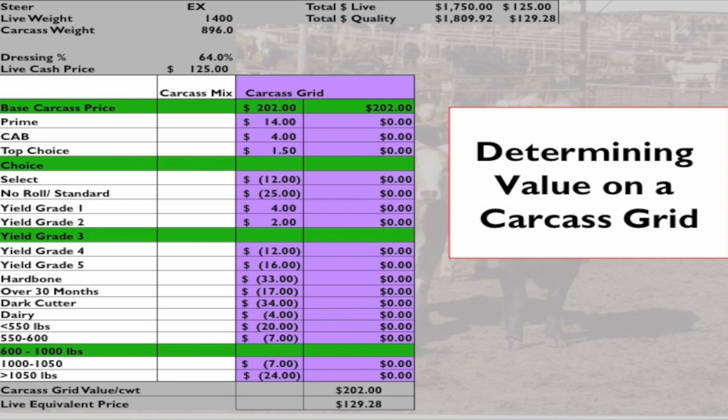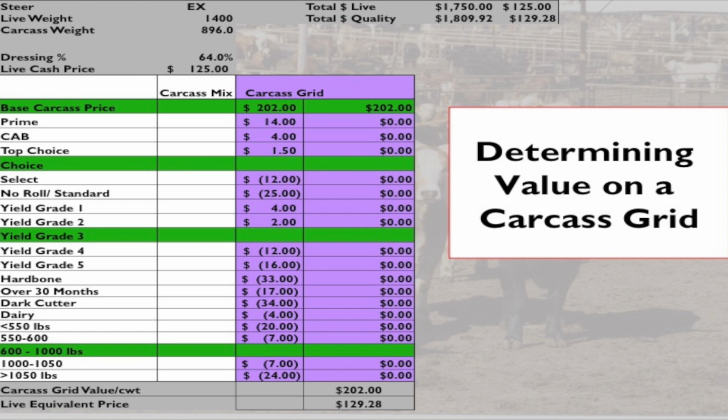So, for example, as we look at this grid, let's say it's the best of all worlds. It's a prime yield grade 1 carcass that weighs between 600 and 1,000 pounds. Then that carcass, instead of receiving the base price of $202, it would receive $14 more for being prime. So now we're up to $216. And then it would receive a $4 addition for being yield grade 1.